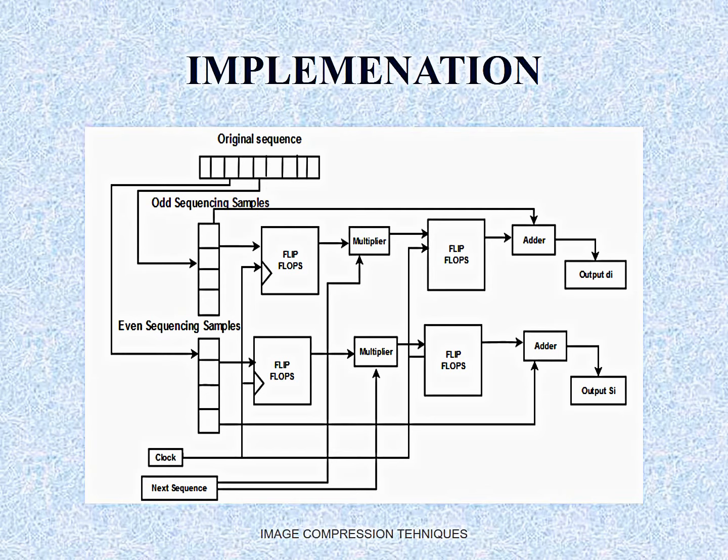The multiplier multiplies the two data, the next sequence and the obtained sequence, and it's again stored in the next clock cycle. That's timer 2. In the third timer, the data is added and we obtain the output di and the output si. So this is the implementation control sequence implemented in this paper.